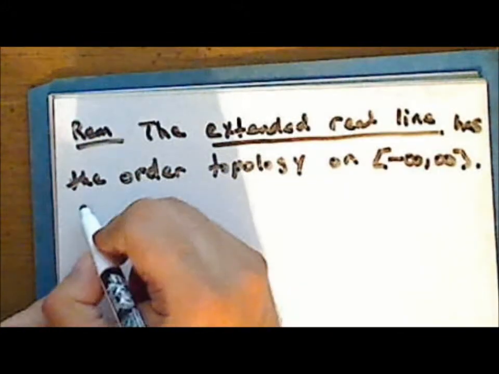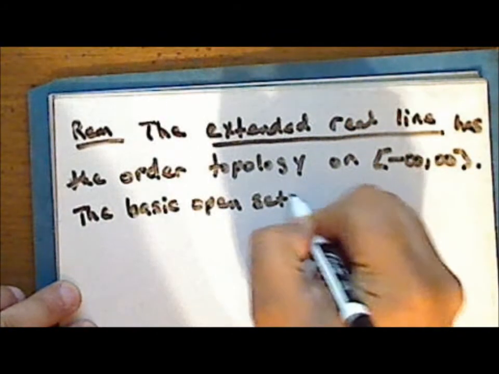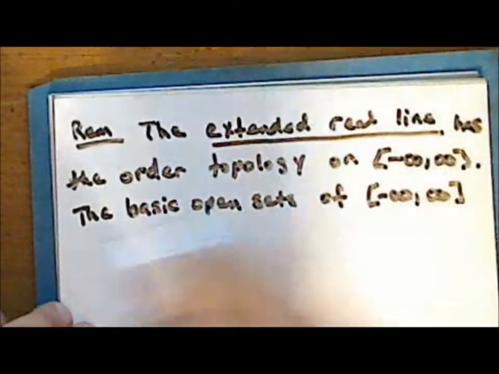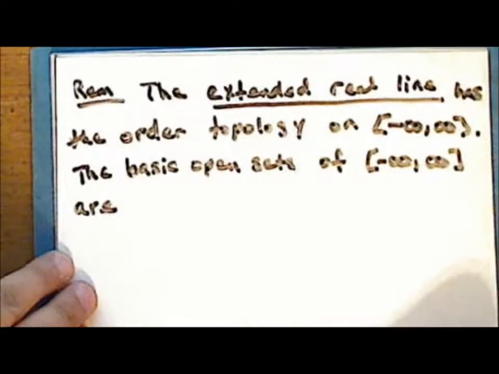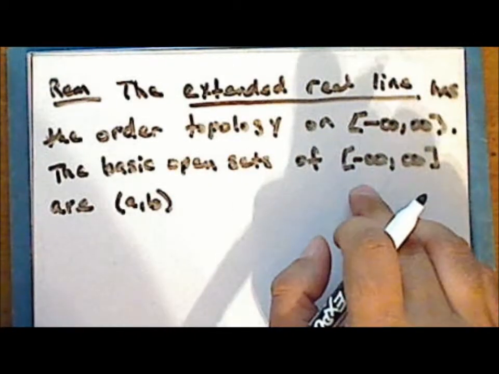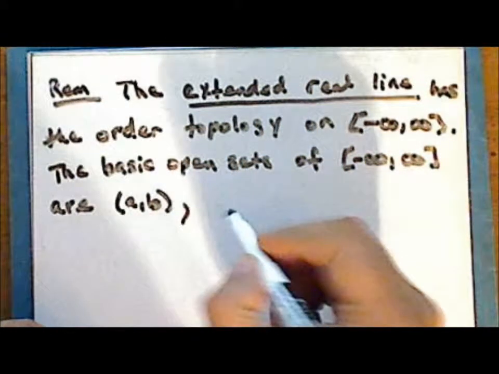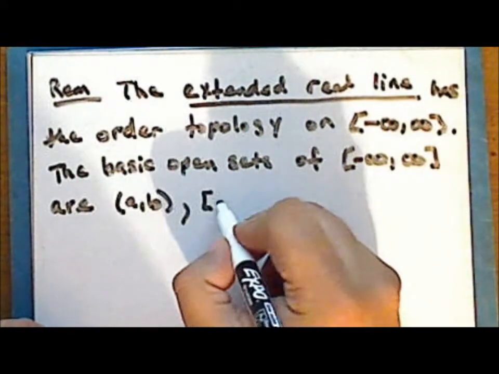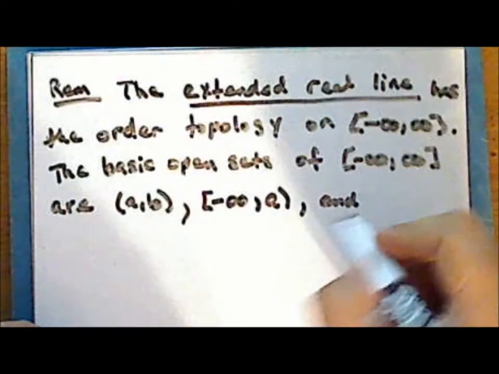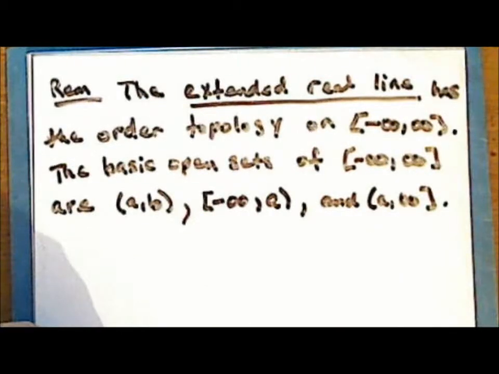So the basic open sets, the basis elements, of the extended real line are, first of all, any open interval from A to B. But now this set can be considered to have a smallest element and a largest element, and so half open intervals of the form from negative infinity inclusive to A, and half open intervals of the form from A to positive infinity inclusive are also basis elements.